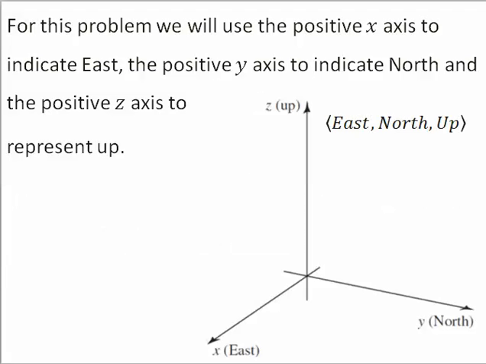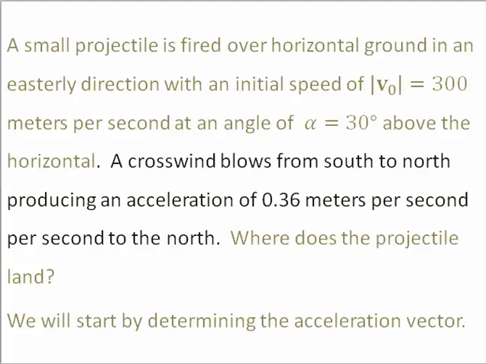For this problem, we will use the positive x-axis to indicate east, the positive y-axis to indicate north, and the positive z-axis to represent up. And we will first focus on the crosswind.